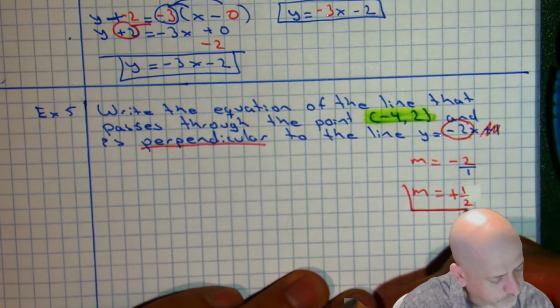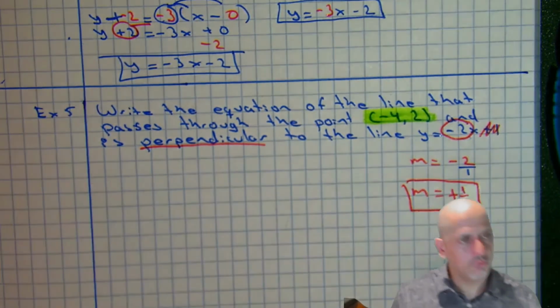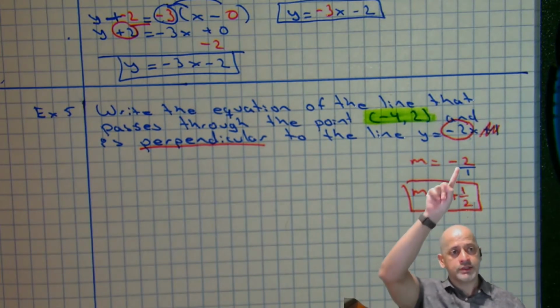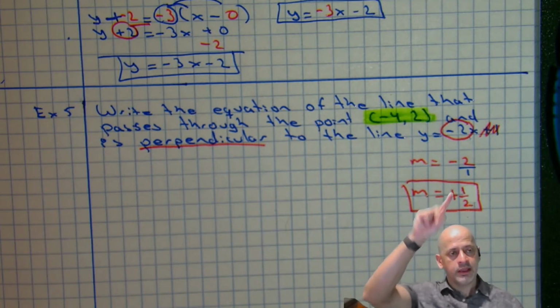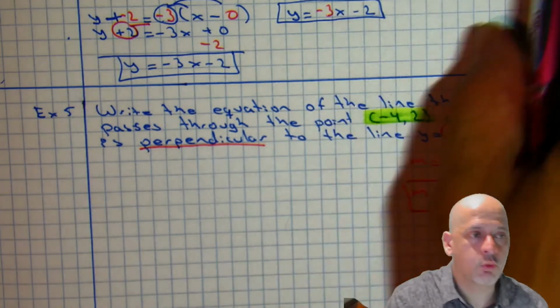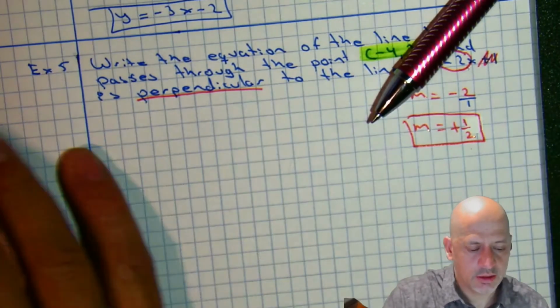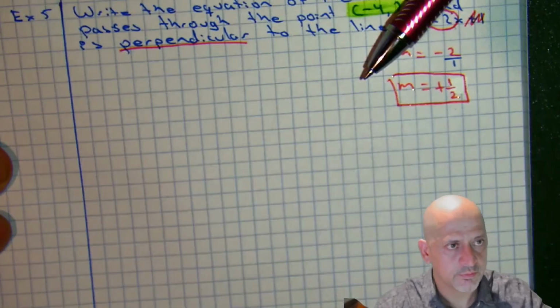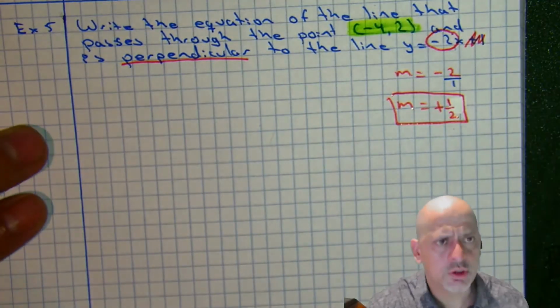So remember, to find the slope of a line that's perpendicular, you have to do two things. You have to change the negative to a positive and take the reciprocal. And now we can use our equation. So which one can we use?